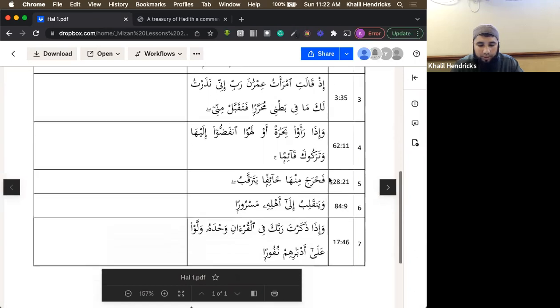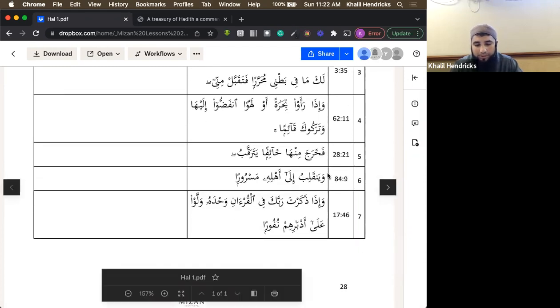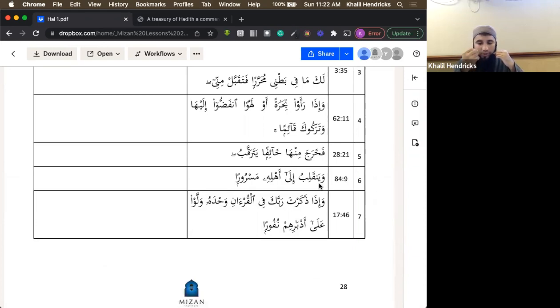I just want to find another one. Let's look at number 5. I'm going through all the examples here. Anyways, rather, let's look at number 6. وَيَنْقَلِبُ إِلَى أَهْلِهِ مَسْرُورًا. What does that mean?